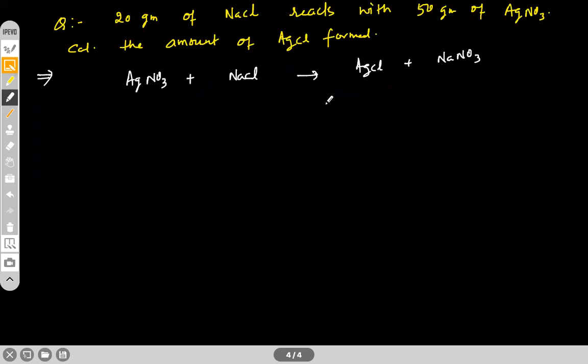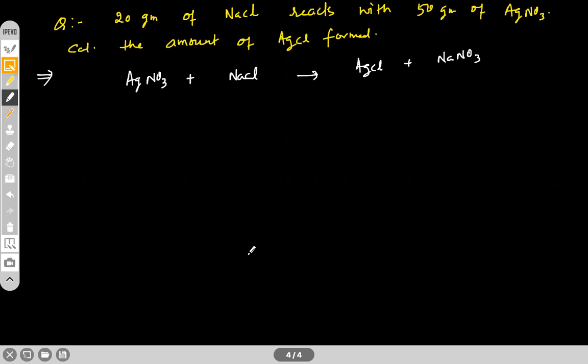Yes. What is the gram of NaCl? Now, the atomic mass of Na is 23. For chlorine it is 35.5. For silver, it is 108. Atomic mass of silver is 108. Nitrogen is 14.